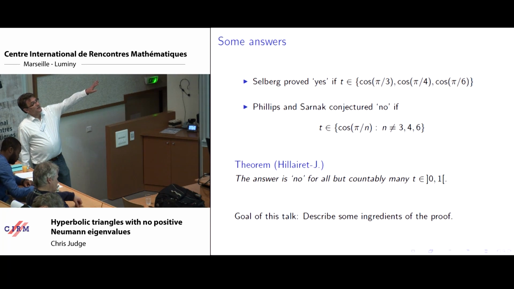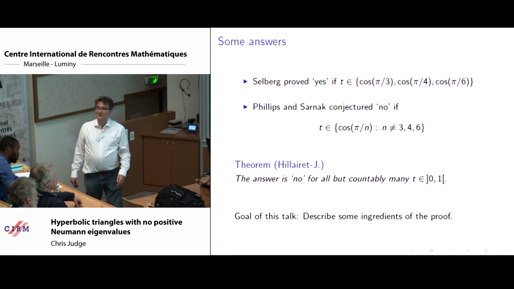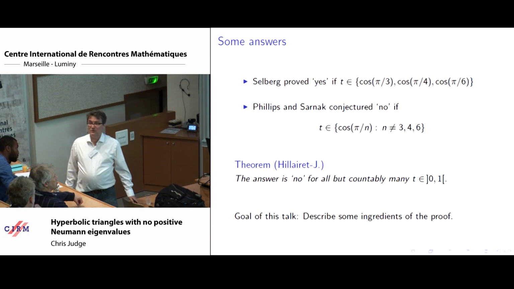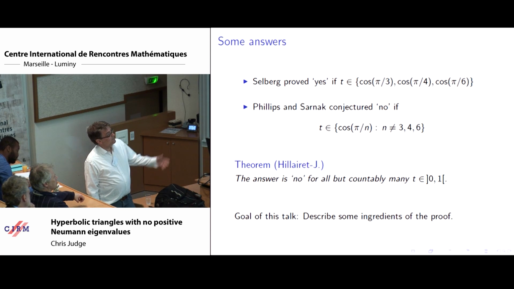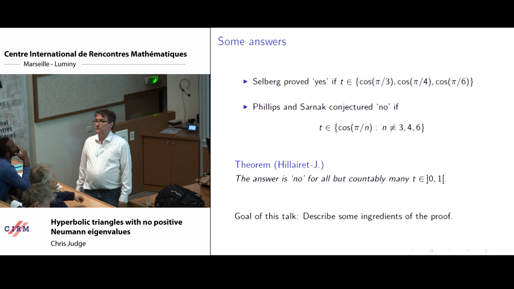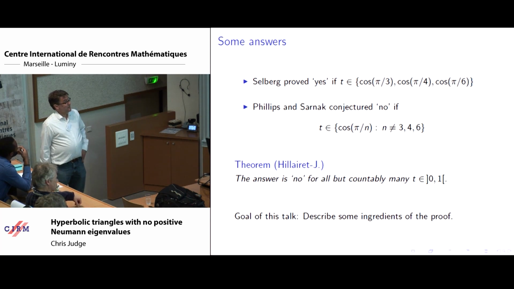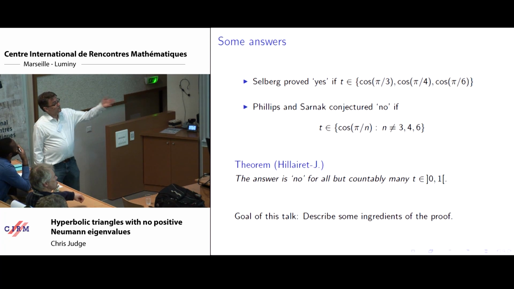Now, of course, this doesn't really answer the conjecture of Phillips and Sarnak because the integers represent a countable collection of numbers, but it gives some indication that it's a very unstable condition to have L2 eigenvalues in this particular setting. And so I want to describe some of the ingredients of the proof.